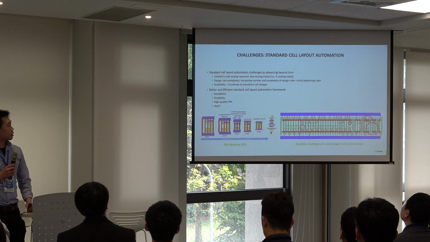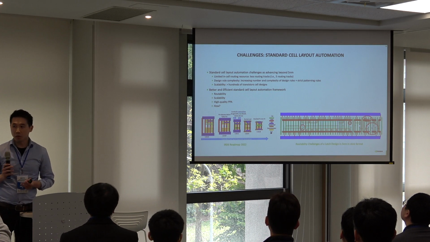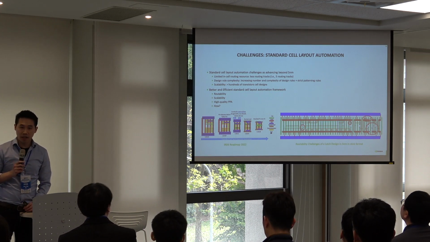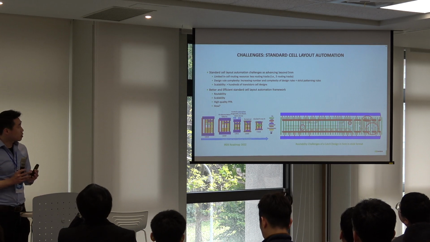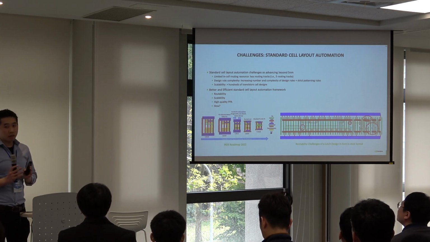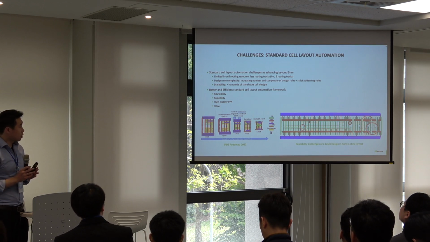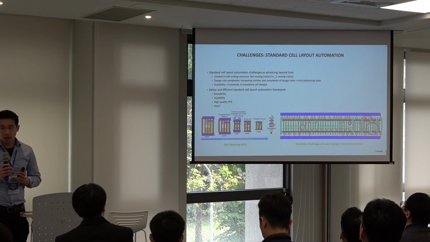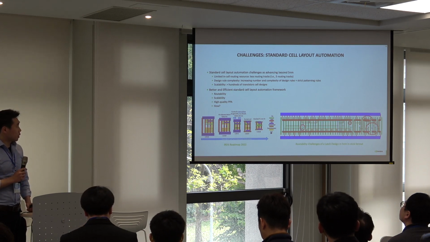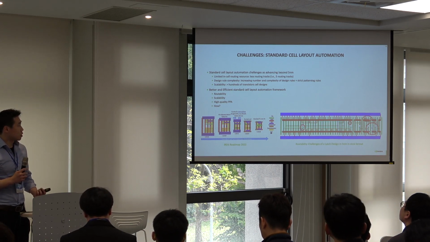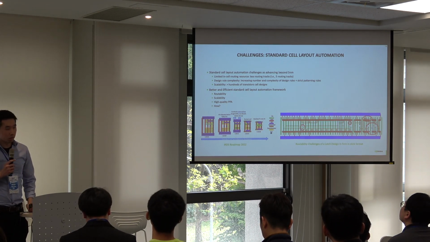But now, as you can see, standard cell layout faces a lot of challenges from technological advances beyond 5 nanometer. First of all, because of the limited in-cell routing resources in the roadmap, standard cells keep shrinking, so reliability becomes an important issue. And also, there is an increasing number and complexity of design rules plus strict patterning rules.